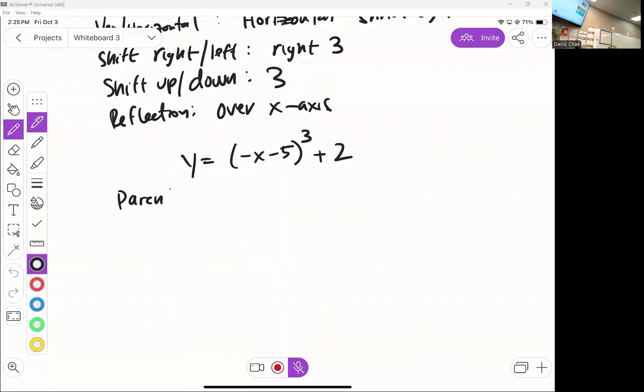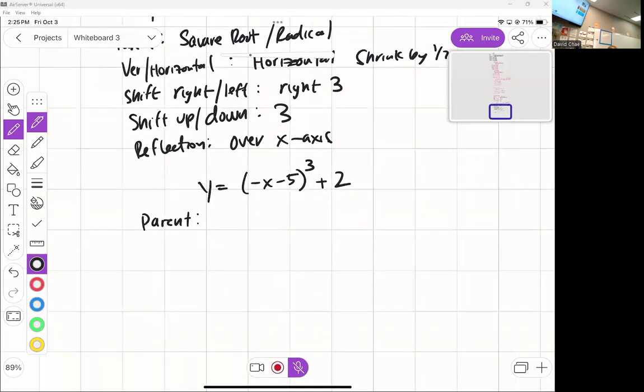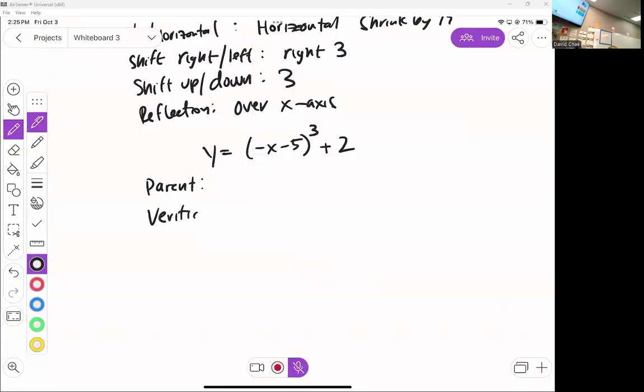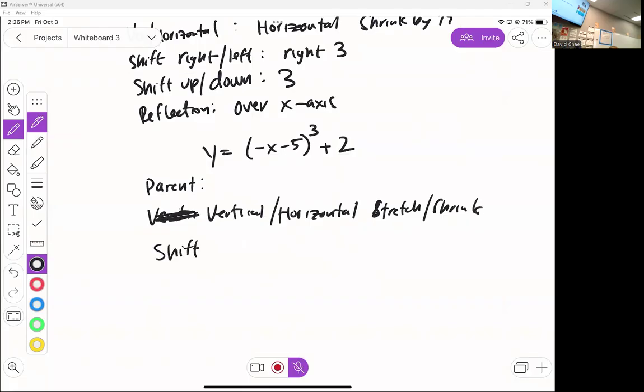Here, fill out the same thing: parent, vertical, horizontal stretch, shift left, right, shift up, down, and reflection.